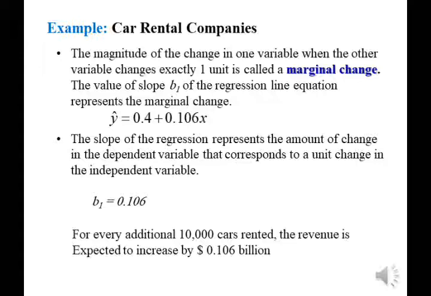Why? Because the slope is the indicator for the relationship between the dependent variable and the independent variable. Okay? Now, how are we going to interpret the value of B1 here, 0.106? Actually, the slope has many interpretations.